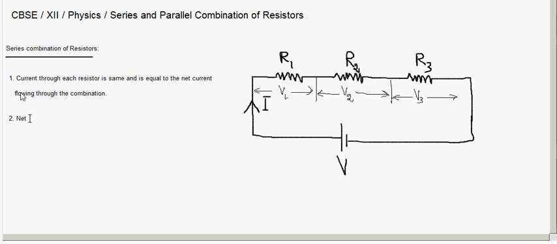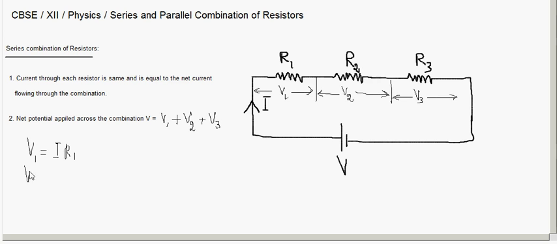So the net potential applied across the combination, V, is equal to V1 plus V2 plus V3, where V1 is the voltage drop across R1, that is I into R1.